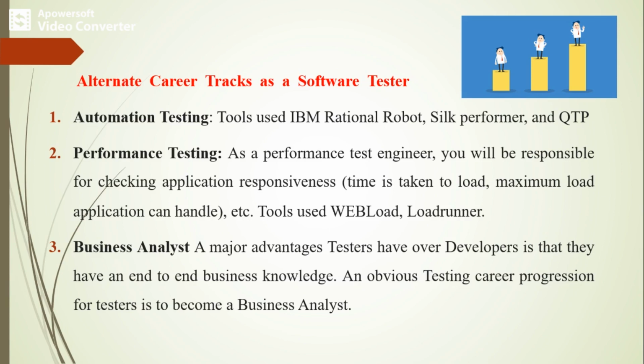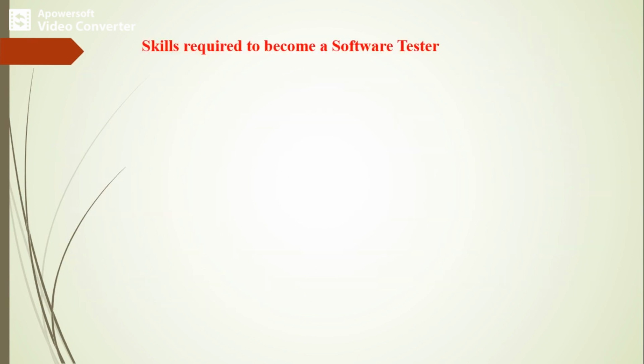So up to end business knowledge he will have. Therefore, these business analysts have to analyze where to cut off and where to give more preference to design, develop and test the product. An obvious career progression for testers is to become a business analyst. Okay, these are some of the alternate career tracks as a software tester. Apart from that, you can also become an automation tester or performance tester, as well as a business analyst.